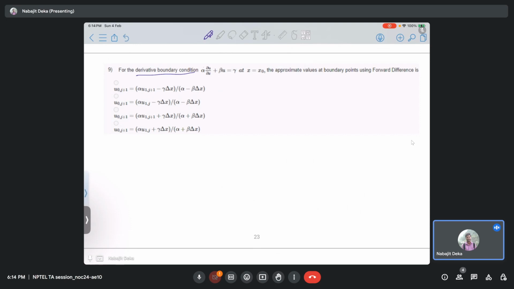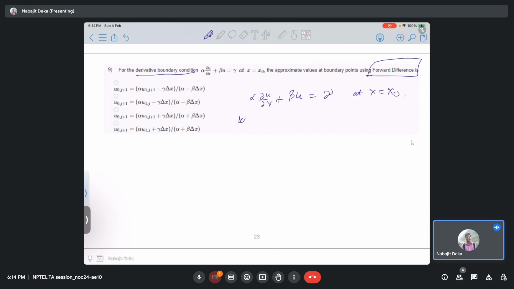So this is a boundary condition at x equal to x naught. We have to find approximate values using forward difference. So what will be the discretized equation that is being asked here?